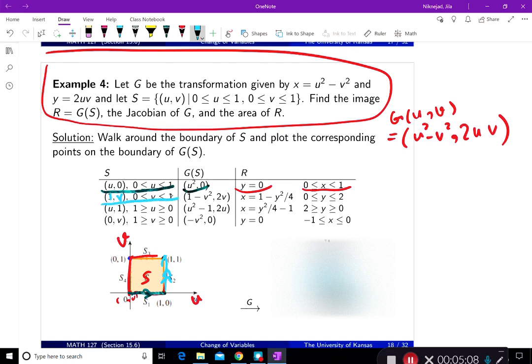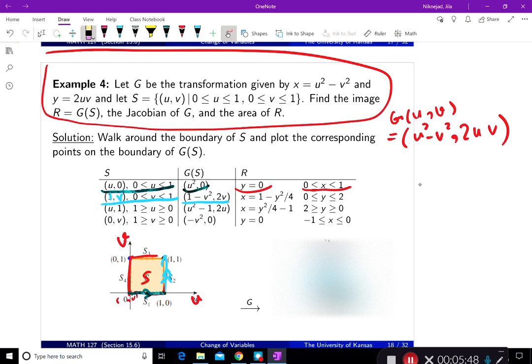That's the second one. Plug it into your transformation, and you get G of 1 and v is equal to 1 squared minus v squared, and 2v. Again, this is the parameterized form of the point in the xy plane after you plugged it in. So what you need to do is eliminate v between the two of them.